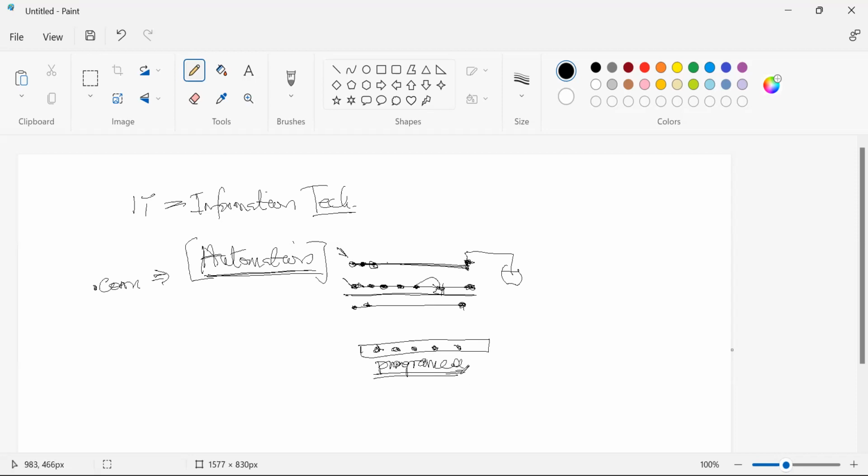So this programming and everything else that makes this program work to fit this automation is taken care of by the IT department.